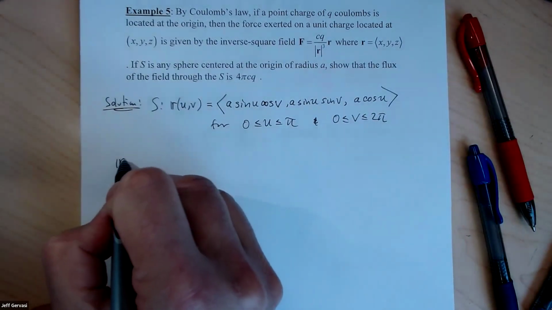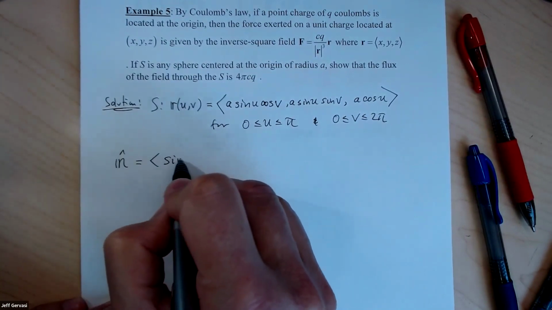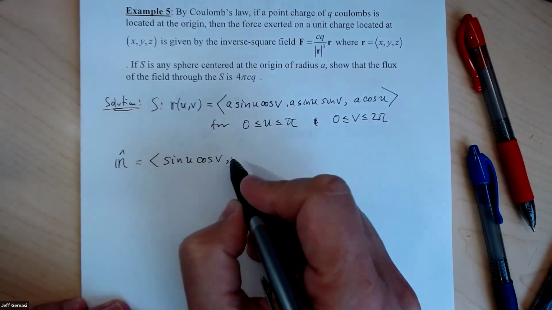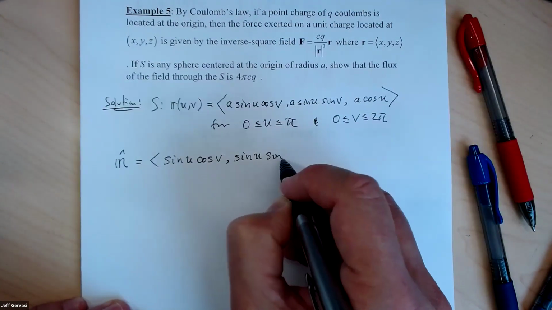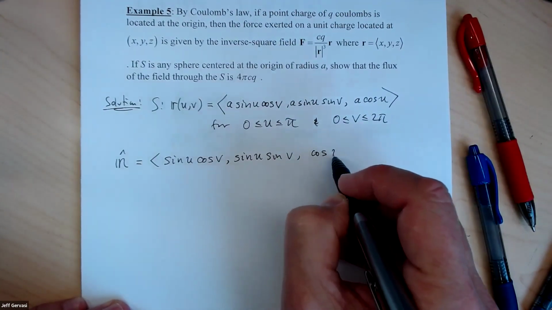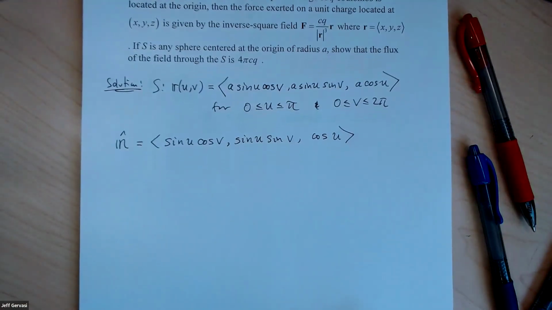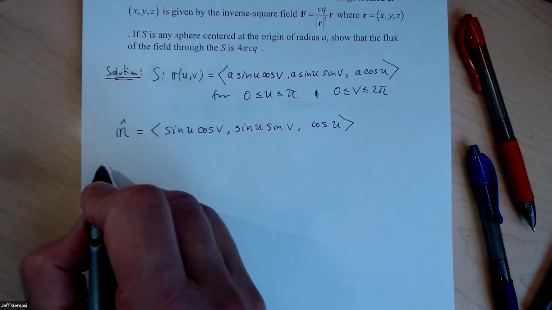The unit normal vector, I'll leave it to you to verify. Okay. And I want to dot my two vectors together.